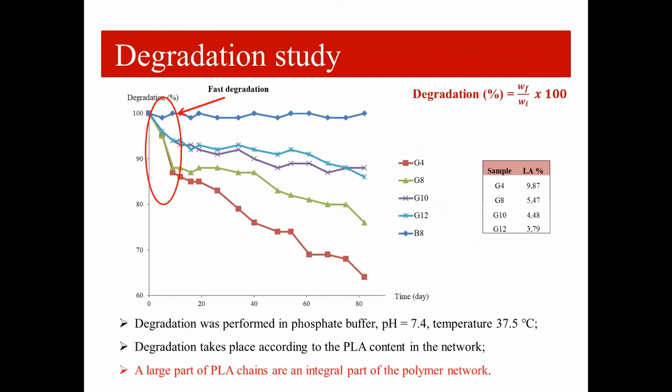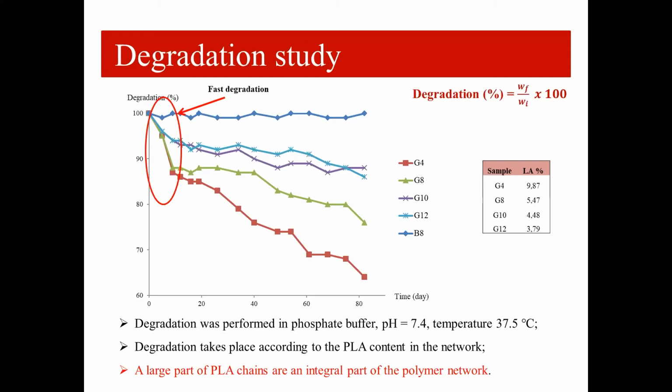We observe that the hydrogels from the B series don't undergo degradation. In the case of hydrogels from the G series, the degradation occurs in two stages: a faster stage in the first 10 days, followed by a slower degradation stage. As expected, the degradation depends on the polylactide content in the network.